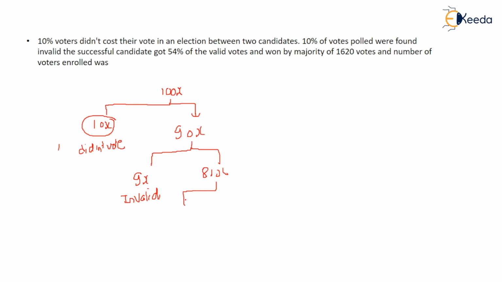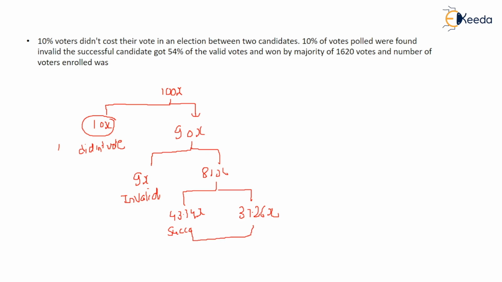So 54% of 81x, when you find out, you will get 43.74x. So what is the next vote? This is the successful candidate's, and the unsuccessful candidate gets this much, right?